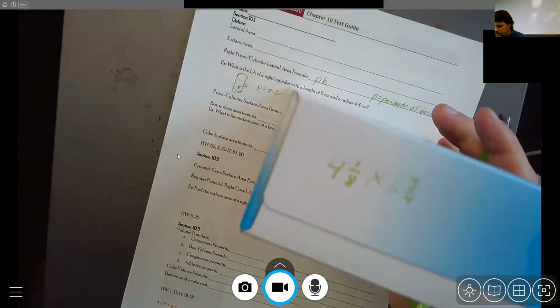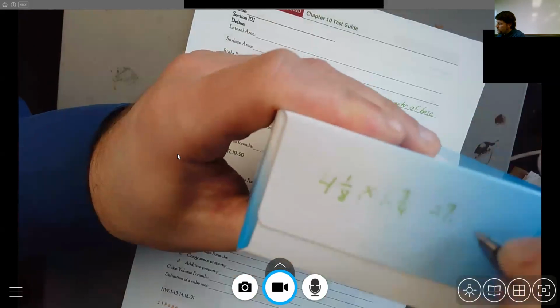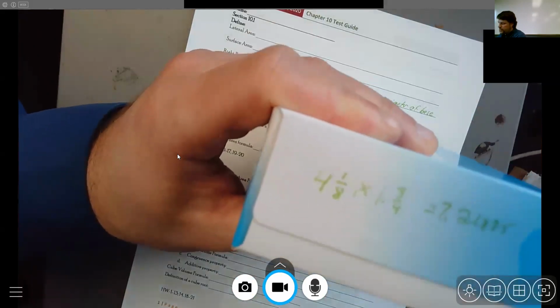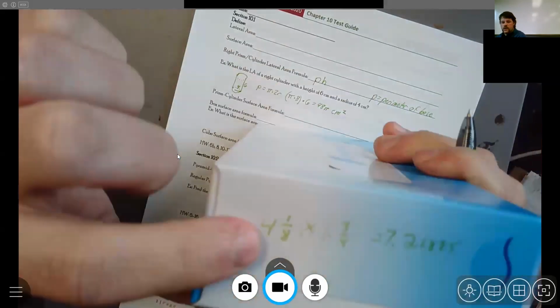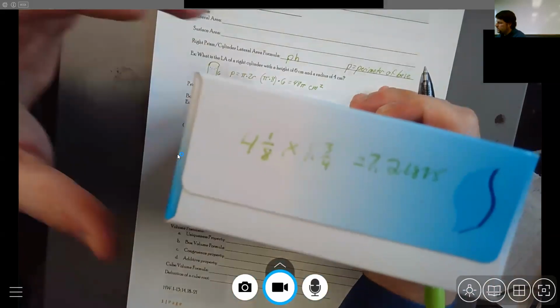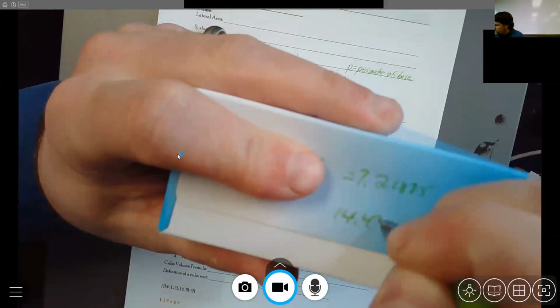So if we do that on my calculator, that gives us 7.21875. And we have 2 of these, right? We have this one here and this one here. So if I multiply it by 2, I end up with 14.4375.